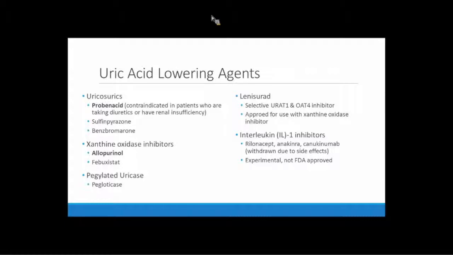So uricase, if you remember your biochemistry, which most of us, including me, do not remember, converts uric acid into allantoin. And allantoin is 200 times more soluble in urine than uric acid. So that's why the animals that kept the uricase have no problems with uric acid.